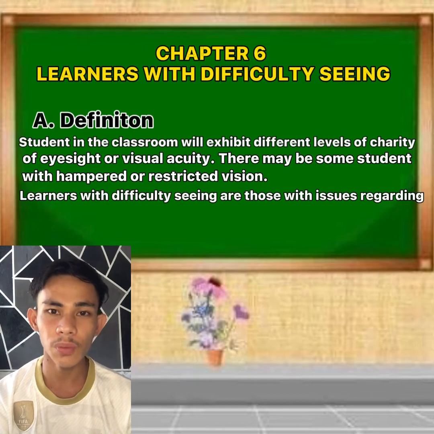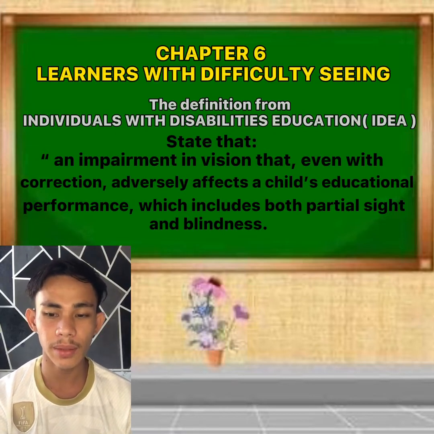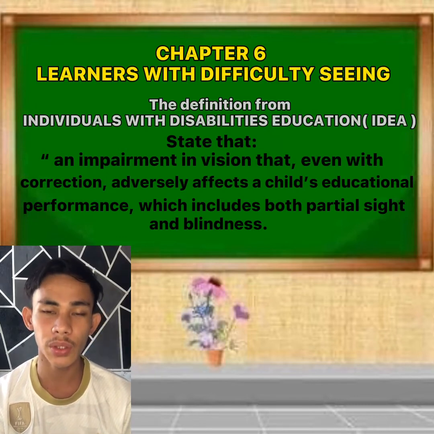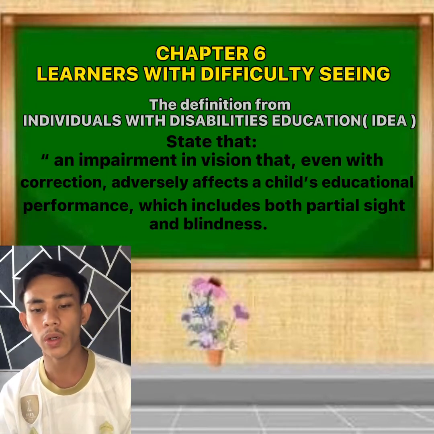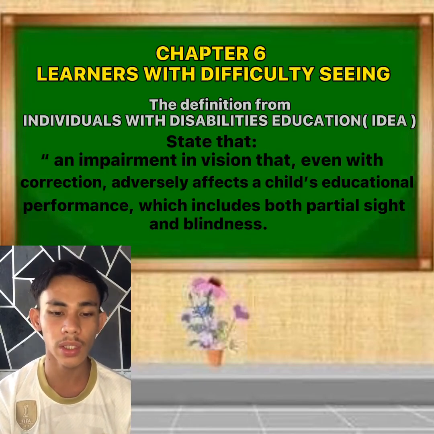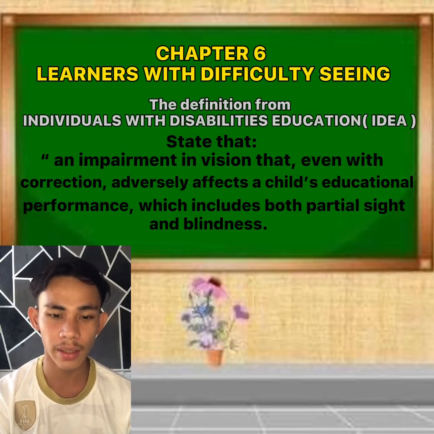The definition from the Individuals with Disabilities Education Act, or IDEA, states that an impairment in vision that even with correction adversely affects a child's educational performance, which includes both partial sight and blindness.